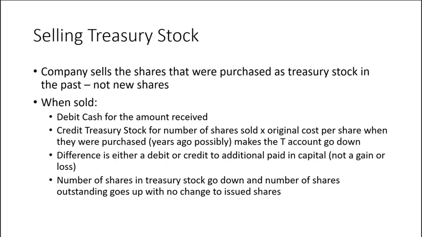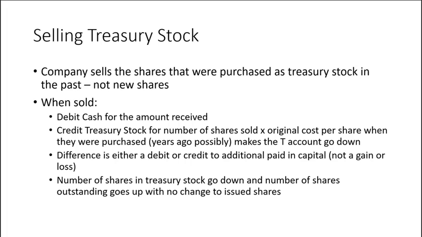When we do that, we debit cash for the amount received. That's the easy part. We credit treasury stock for the number of shares sold times the original cost. So we have to look back in our records, see when we bought that treasury stock and what we paid for it, and then credit treasury stock for the number of shares we sold times that cost.